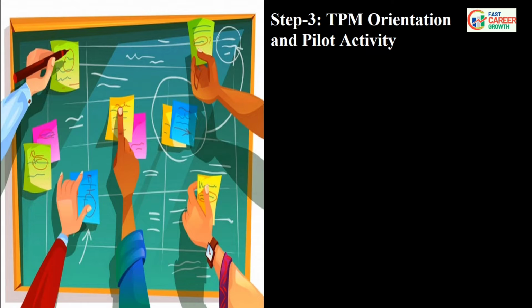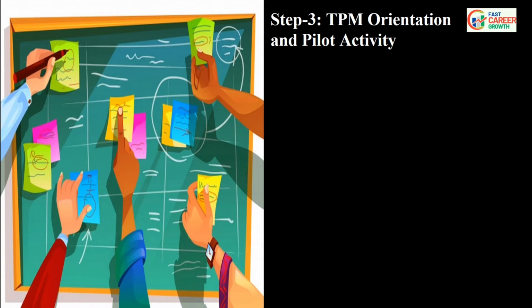Once the pilot activity is successful, the organization can then expand TPM to other areas, gradually implementing it across the entire operation. This phased approach helps ensure that TPM becomes ingrained in the organization's culture and leads to sustained improvements in equipment reliability, quality, and overall operational efficiency.